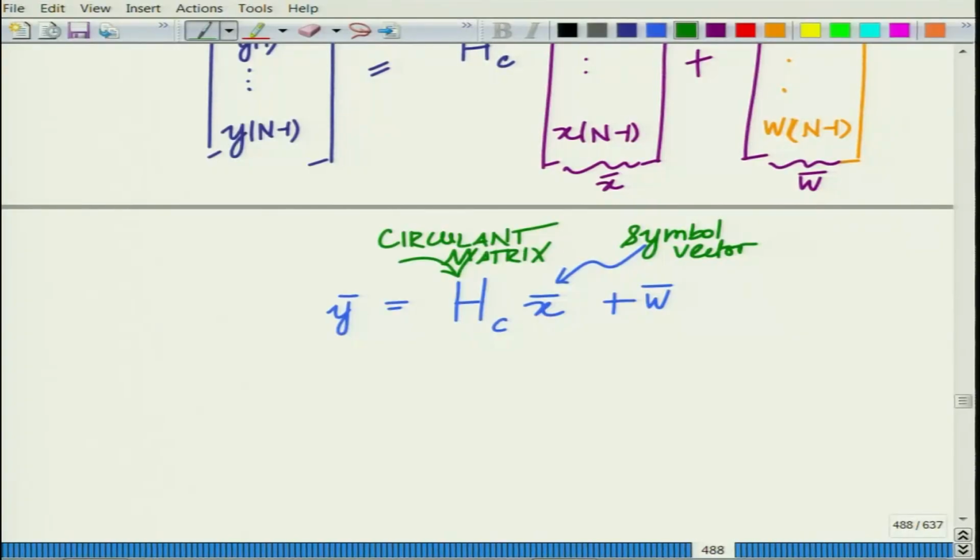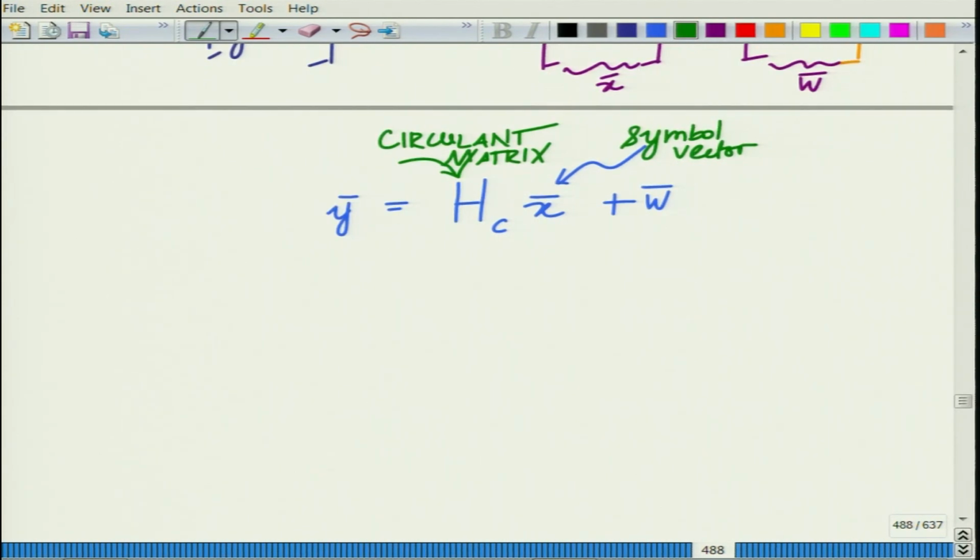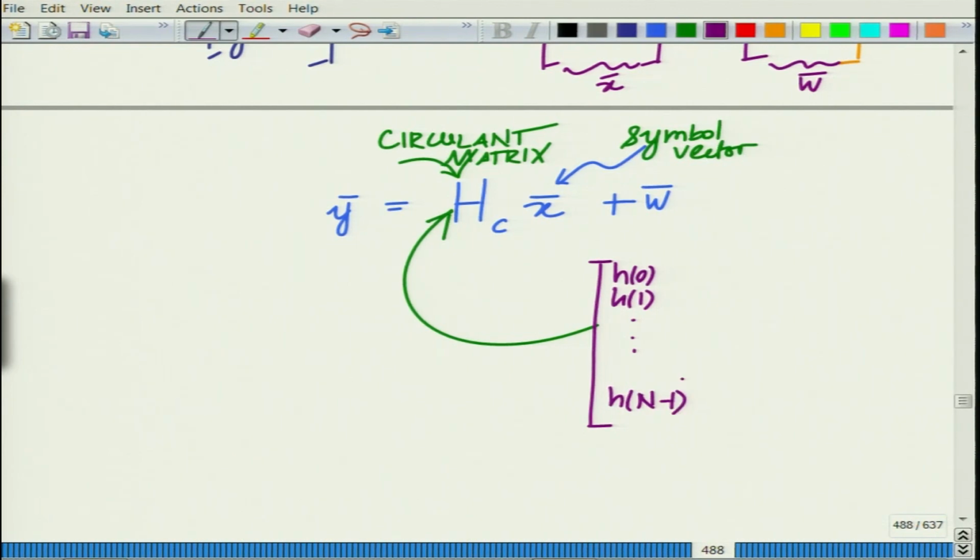Okay, so this is your circulant matrix comprising the channel taps. You can write it down: h0, h1, up to hn minus 1; then hn minus 1, h0, h1, and so on; then hn minus 2, hn minus 1, h0, and so on.